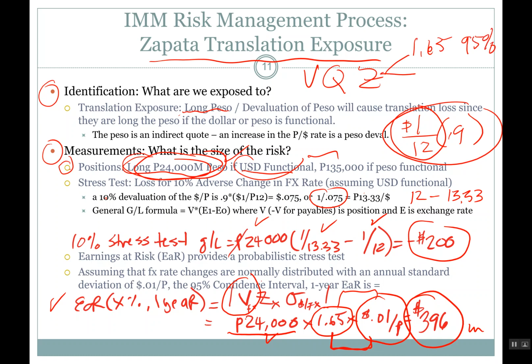The only other number I've ever seen used is 2.33, and that's for a 99% confidence interval VAR, or earnings at risk. If I replace this with 2.33, I would call that a 99% confidence interval. That number's going to be bigger, and I'd say there's a 1% chance of losing that amount or more. All right, thanks for asking.